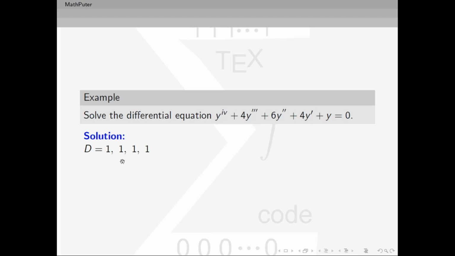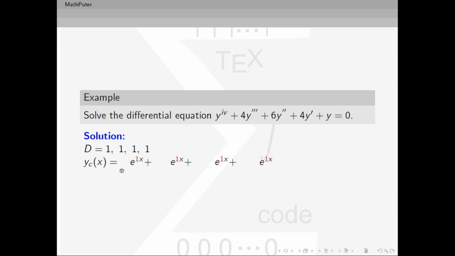So how do we write the solution for this? For this real number, we have e raised to 1x. For this real number, we have again e raised to 1x. For this real number, we have e raised to 1x, and for this real number, again we have e raised to 1x. Now look at these four functions.